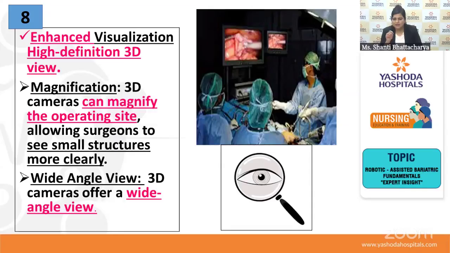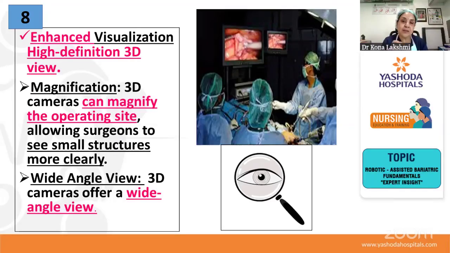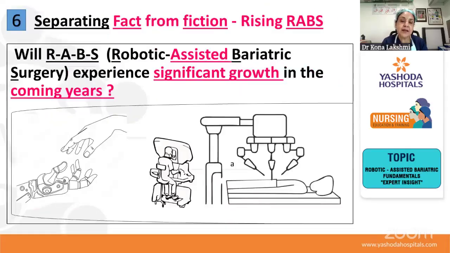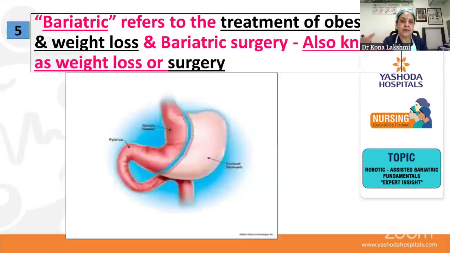It is something like targeted pinpoint surgery. You have to ultimately reach the target. Robo can take you there. But reaching that, it will tell you, this is a big organ, this is a small organ, and this is the blood vessel. It looks like this. So you can see with more clarity than a naked eye or than a laparoscopy.